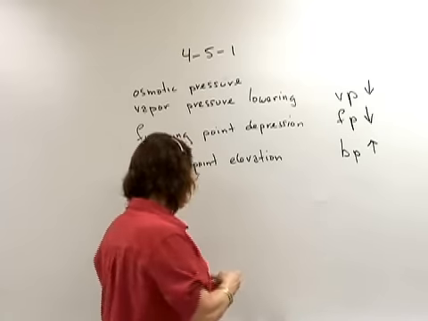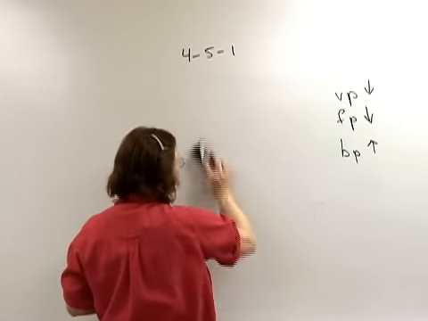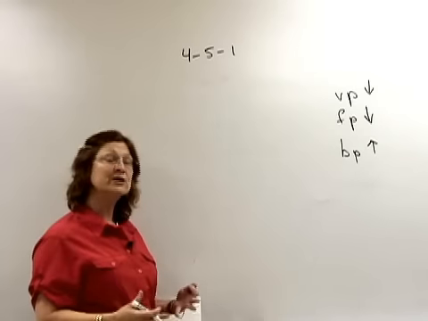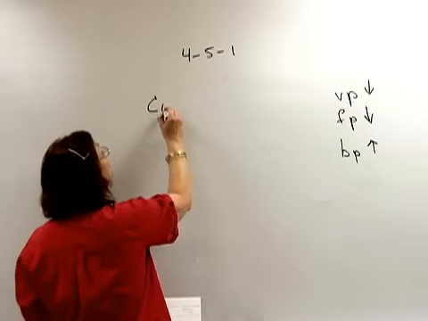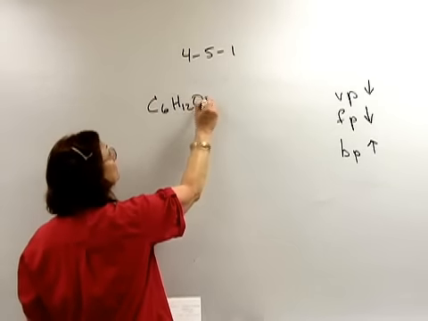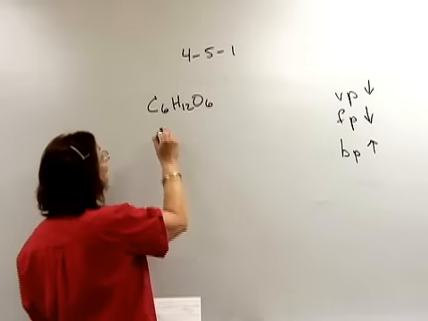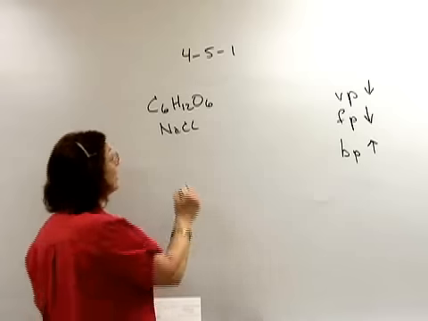Well, let's look at a few substances. Let's say that I have the same concentration of a variety of different solutions. And one of my solutions is glucose. And another one of my solutions is sodium chloride. And then I have some calcium chloride.